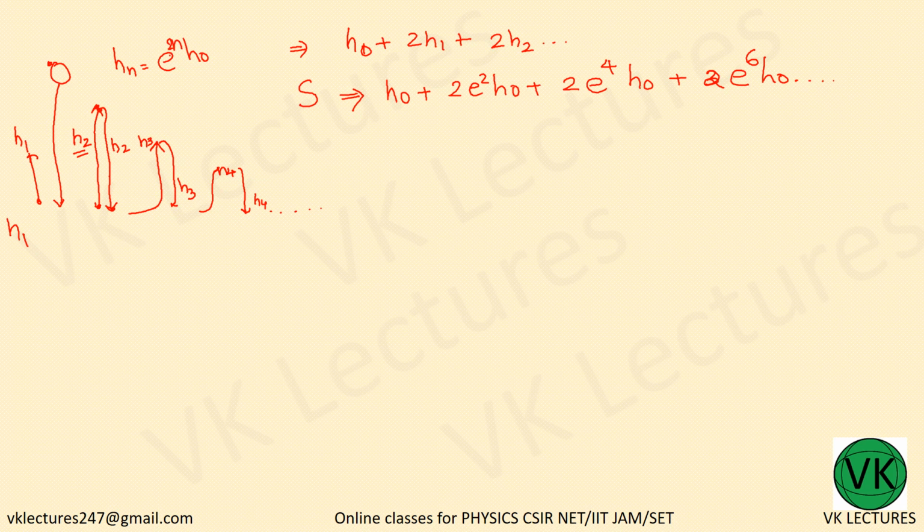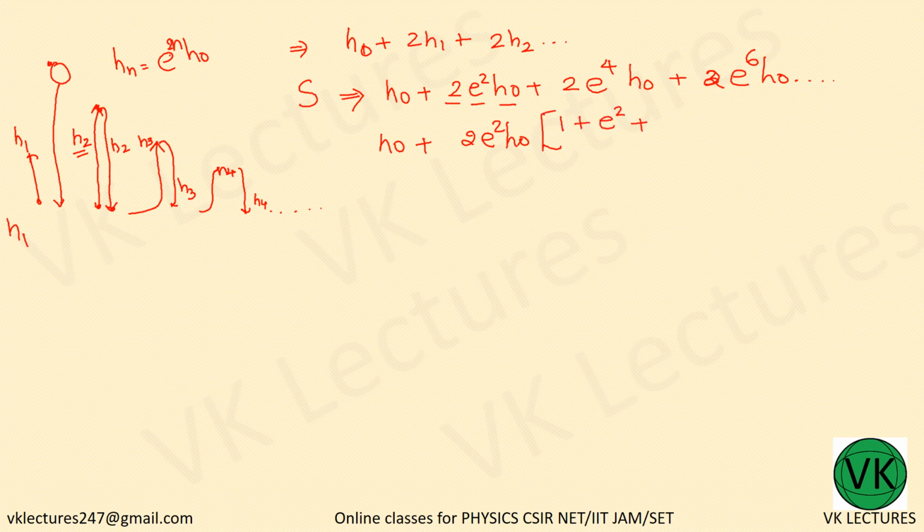Okay. So I am taking h0 plus 2e square h0 as the common, 2e square h0. Then what I will do, just add other things.